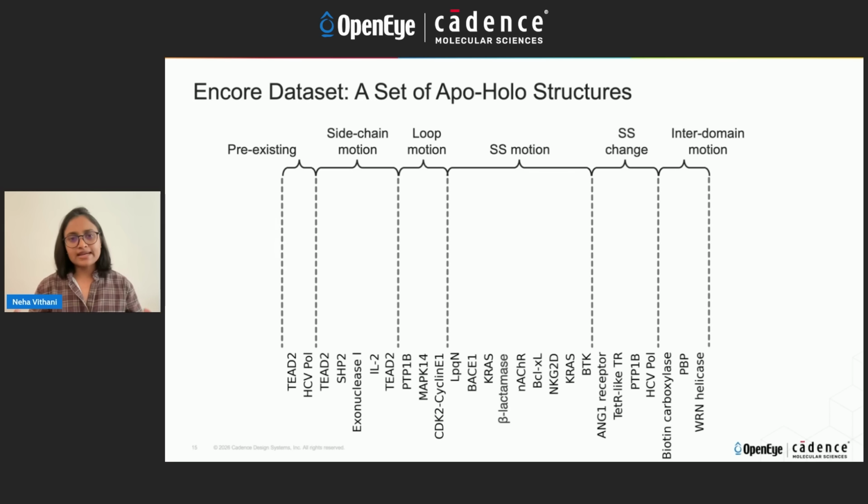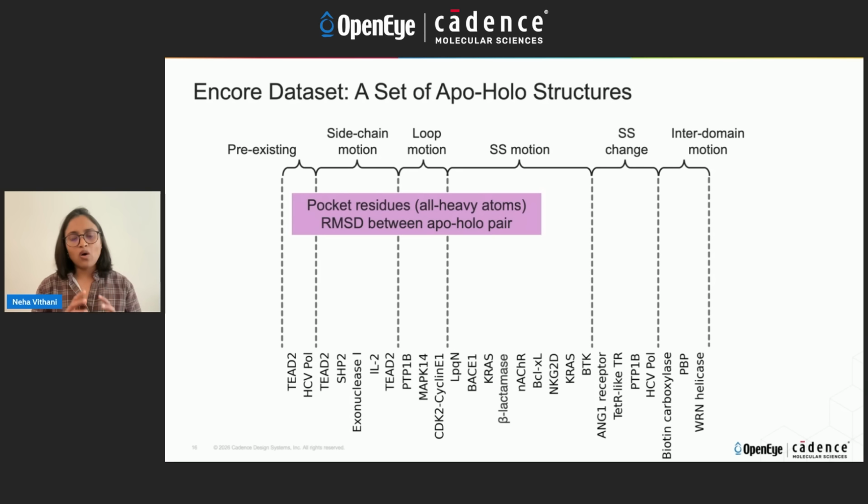Now we wanted to extend the applicability of this method to diverse proteins. So we started by curating the ENCORE dataset that consists of pairs of apo and holo structures that represent one of the 6 categories of pockets.